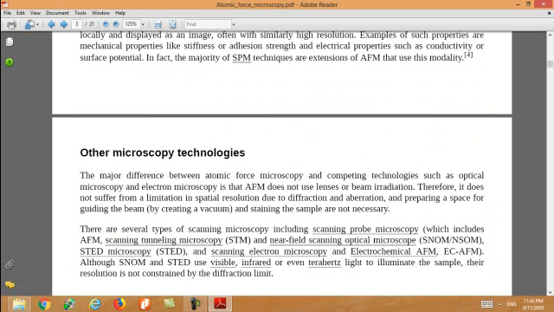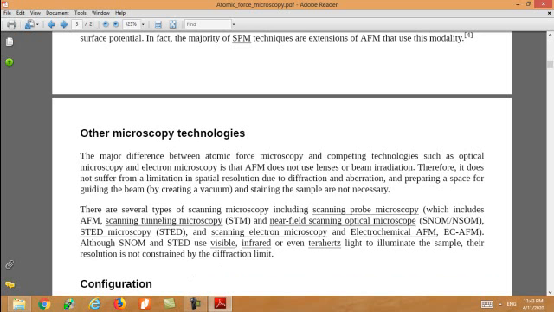The major difference between atomic force microscopy and other technologies such as optical microscopy and electron microscopy is that AFM does not use any lenses or beam irradiation. Therefore it does not suffer from a limitation of spatial resolution due to diffraction and aberration, and preparing a space for guiding the beam and standing the sample is not necessary.